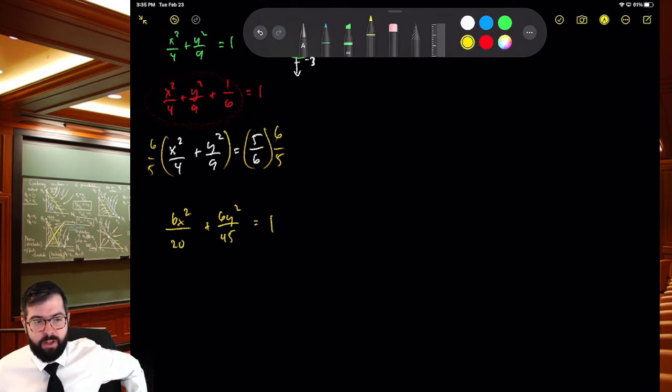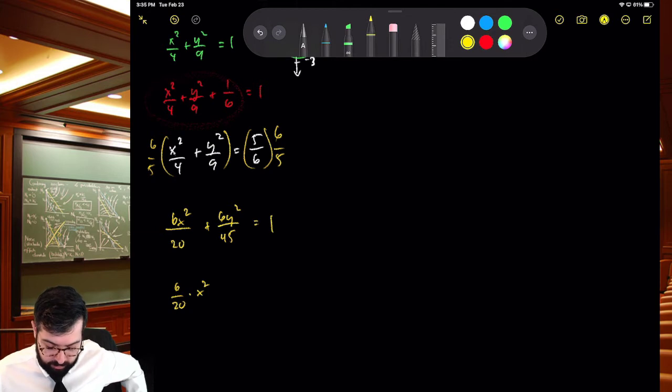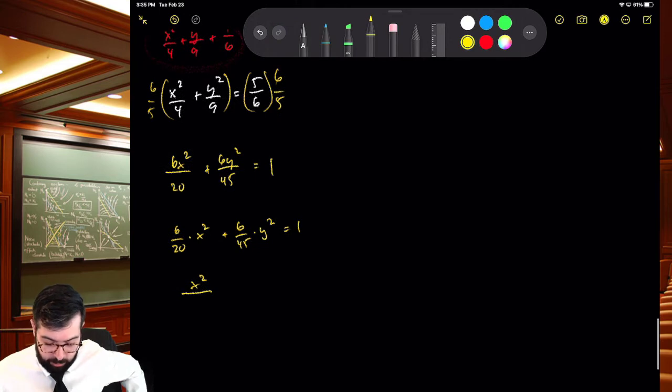And then you can use a little trick here, which is, if this is really 6 over 20 times x squared plus 6 over 45 times y squared equals 1, you're going to be like, Mally, what the heck are we doing here?